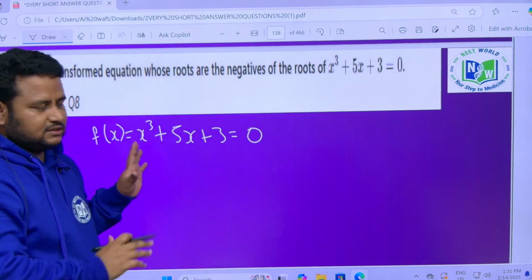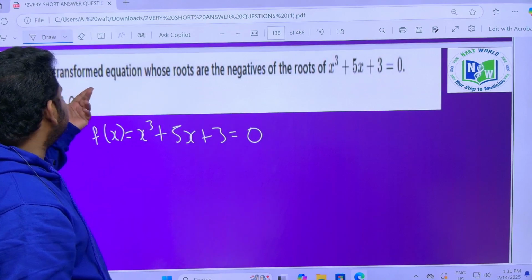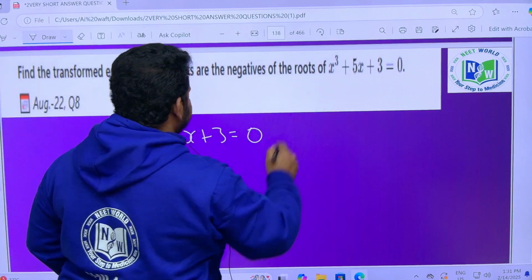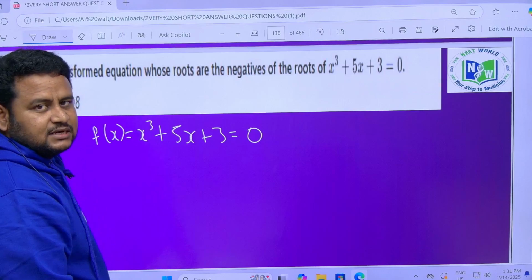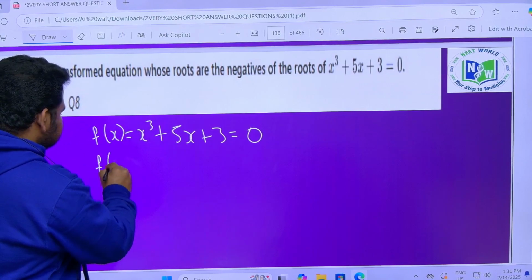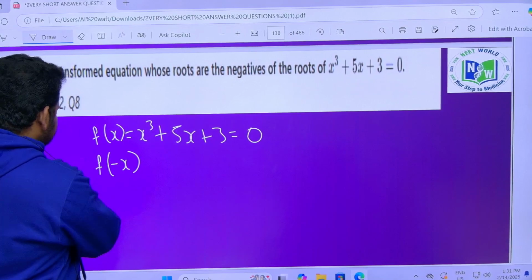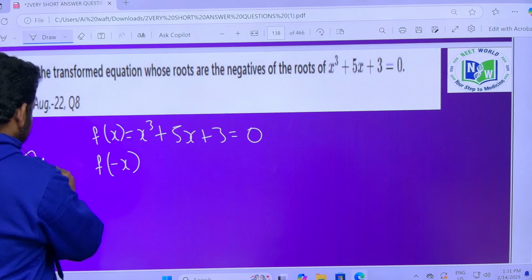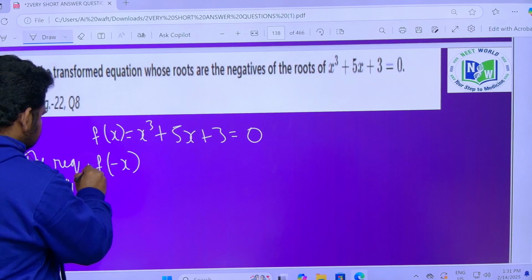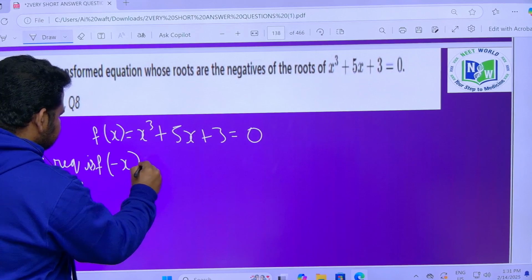That is the given equation. They are asking to find the transformed equation whose roots are negative of the given equation. Roots are negative means the value of x will be negative. Okay, that means the required equation is f of minus x is equal to 0.